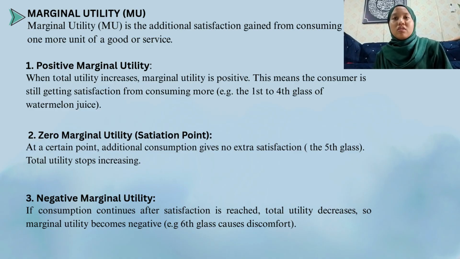Second, zero marginal utility: at a certain point, additional consumption gives no extra satisfaction, and total utility stops increasing. Thirdly, negative marginal utility: if consumption continues after satisfaction is reached, total utility decreases, so the marginal utility becomes negative.